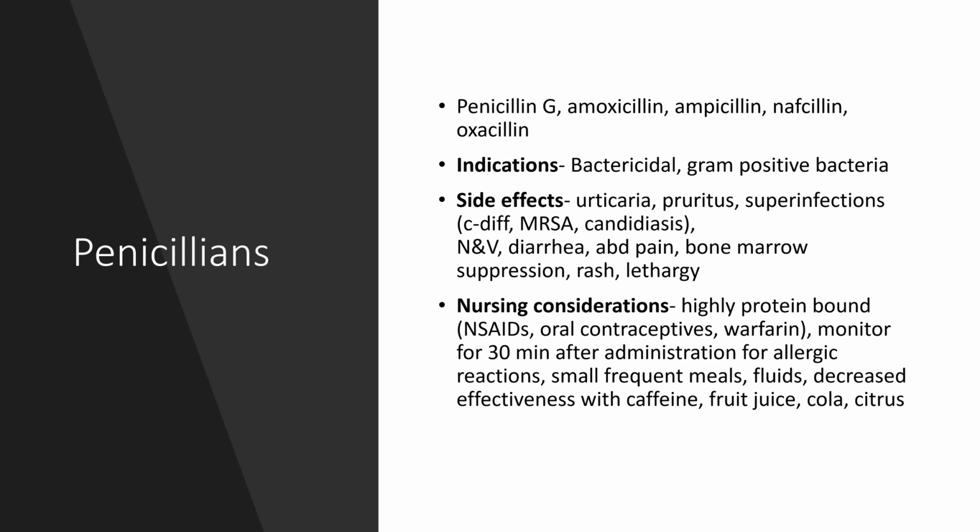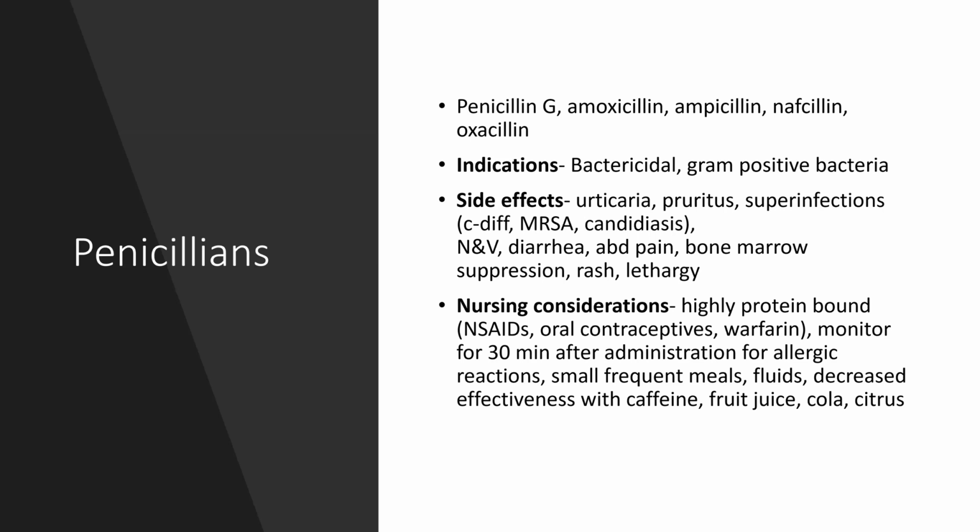You could see nausea, vomiting, diarrhea, abdominal pain. With long-term use, you can see bone marrow suppression, and you would watch for rash and lethargy. Nursing consideration, again, penicillin groups are another highly protein bound, so you're going to want to watch for that.